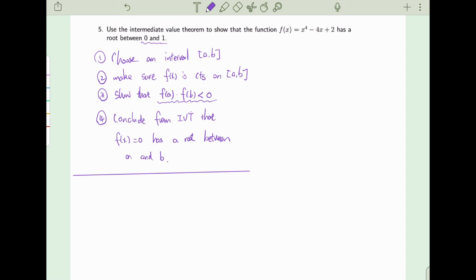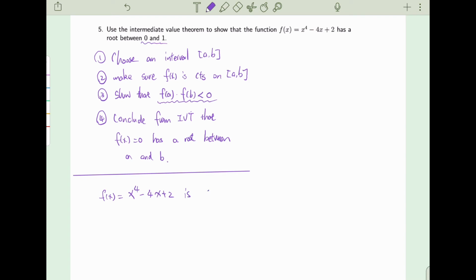Okay? And make sure the function is continuous on this interval. Is that true? That is true because f of x is a polynomial function which is continuous everywhere, right? Like I mentioned, it's an elementary function. So we have f of x equal to x to the 4 minus 4x plus 2.